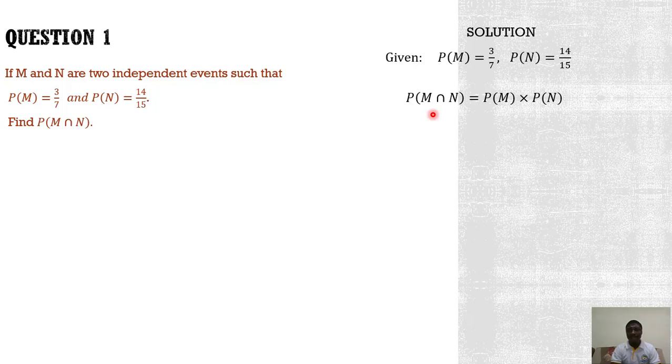Since in the question M and N are independent, it means probability of M intersection N will be equal to probability of M times probability of N. Now you know that probability of M is given as 3/7 times probability of N, which is also given as 14/15.